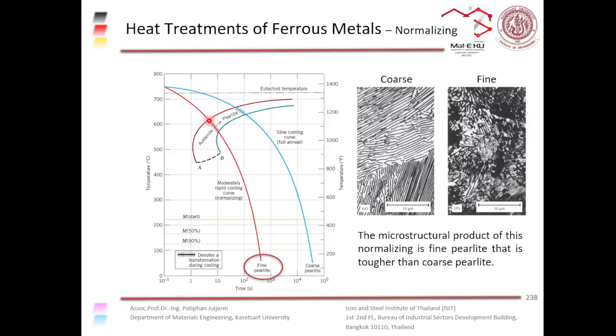But as soon as you open the bottle, right, it will transform into the more stable phase at that temperature, which is the solid phase. In this case as well, when you have undercooling, it will transform into the new phase, the stable phase, which in this case is pearlite.